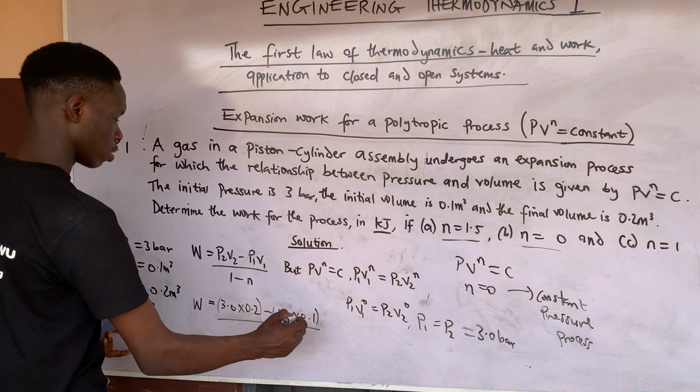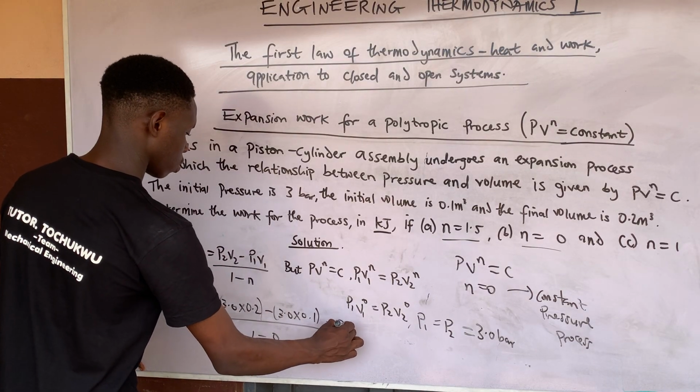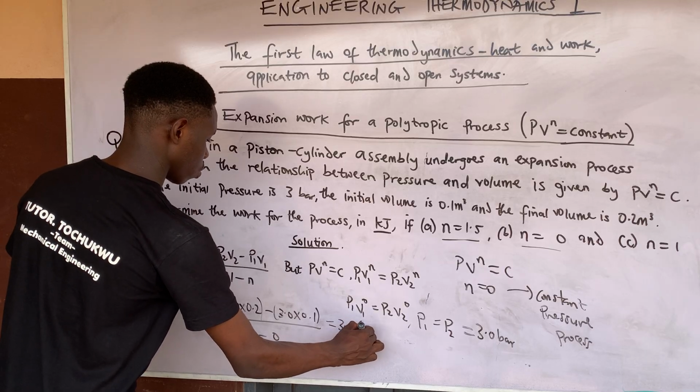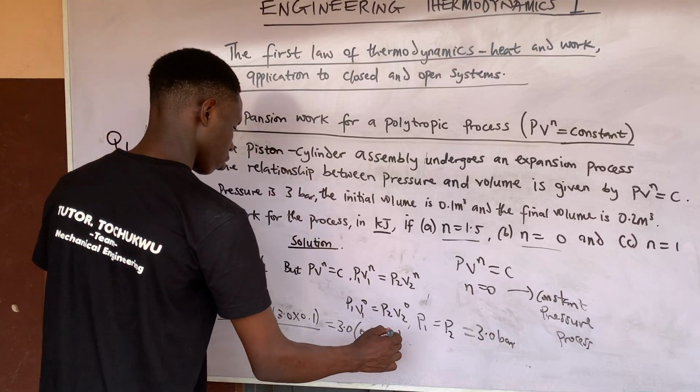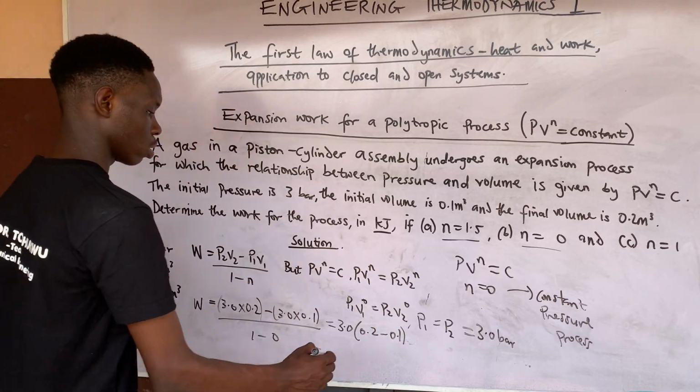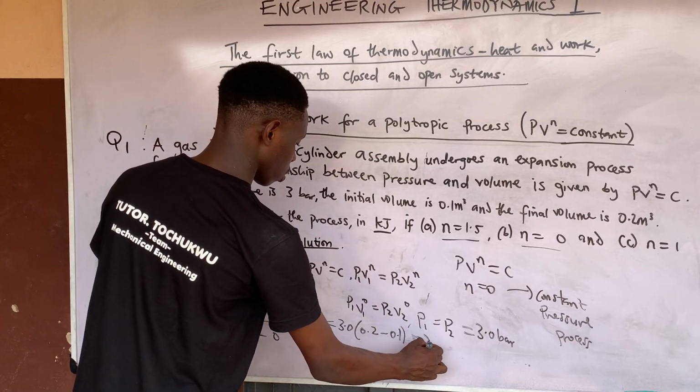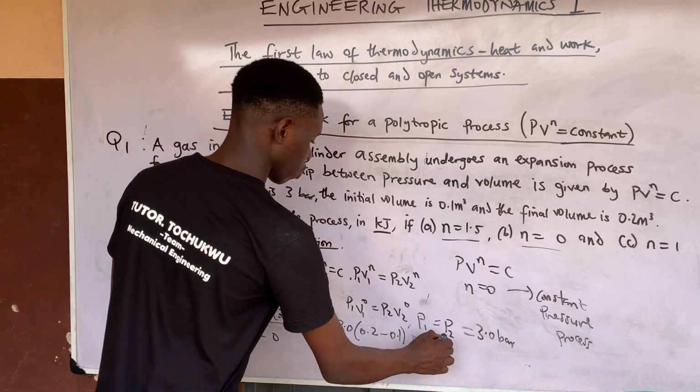Now this gives 3.0 multiplying 0.2 minus 0.1, which is just 3 multiplying 0.1.